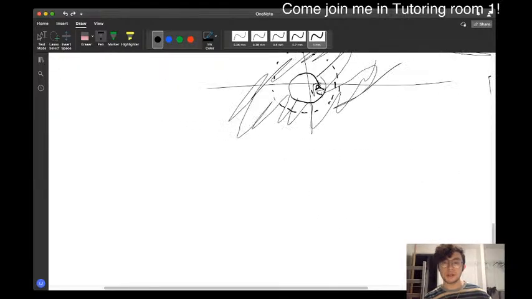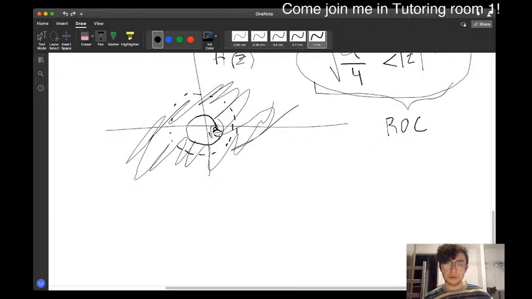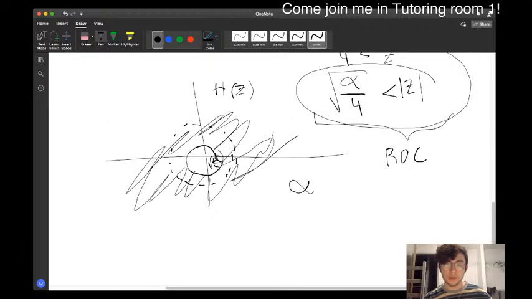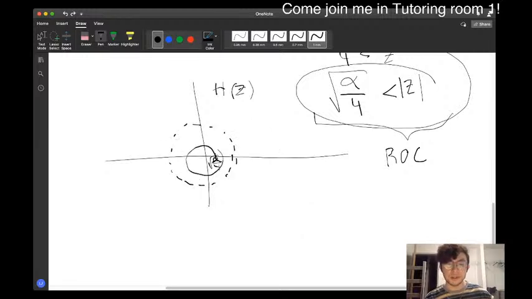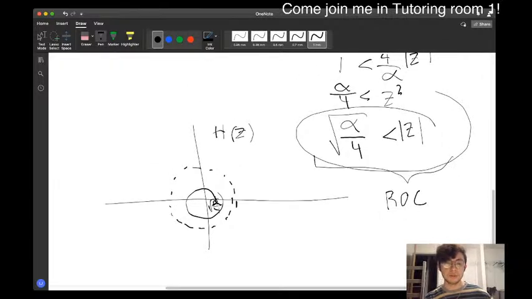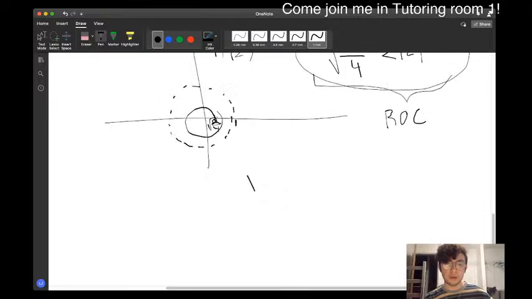So we need that alpha over 4 is less than 1, because this is the unit circle, and everything is magnitude 1 on the unit circle. What does that mean?